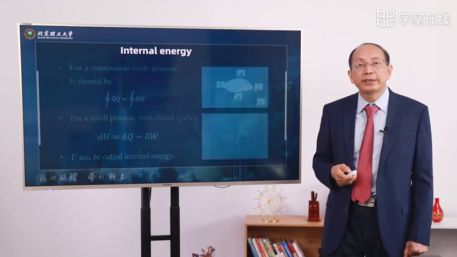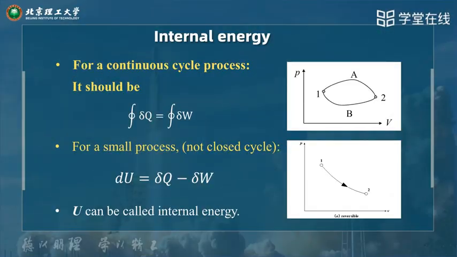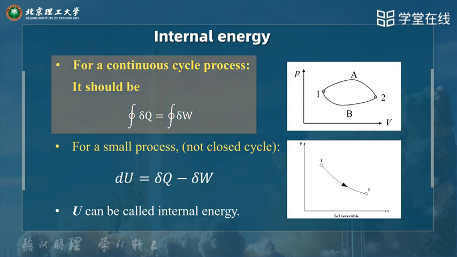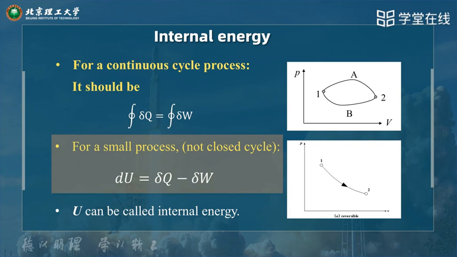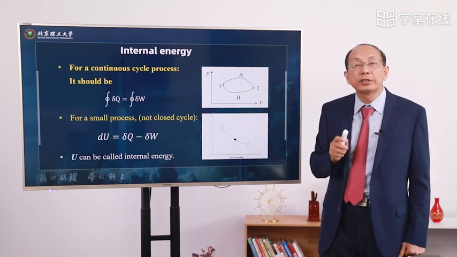In this case, we can find another very important concept. We have learned that in one cycle, all of the Q into the system must equal all of the work from the system to the outside. There is no difference. However, for a very small process, which is not a cycle, delta Q and delta W may not be the same.